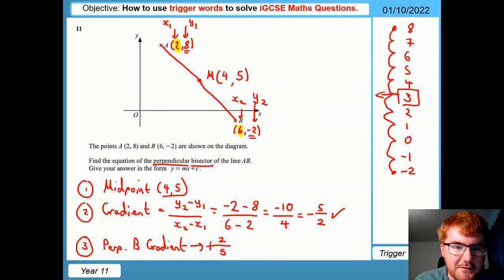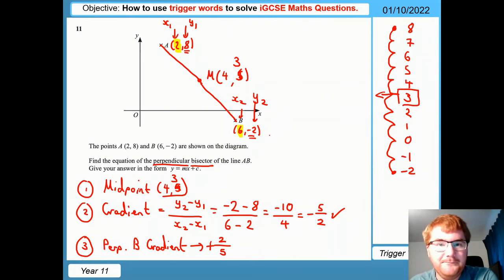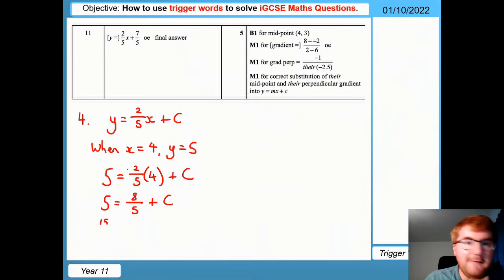Okay, just realised I put the wrong point in here. This is 4, 3. Again, if you notice that at home, really well done. I put the wrong point in, so 3. Again, this is why we always check our answers carefully. It's why I'm leaving it in the video as well. So if you do notice this, you can go back and correct. Something didn't feel right, so we can go back and change it. So this is 3, which is the same as 15 over 5.